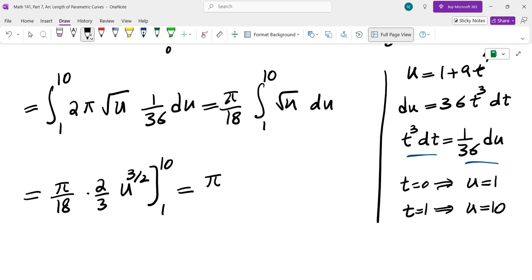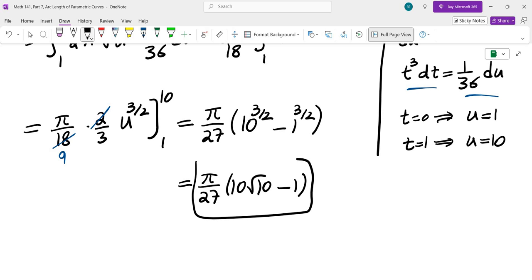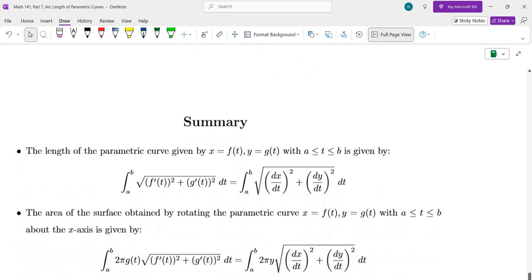That gives us π over 27, and if we simplify this, it's 10 to the 3/2 minus 1 to the 3/2, which is π over 27 times (10 root 10 minus 1). So this is the answer to the problem.